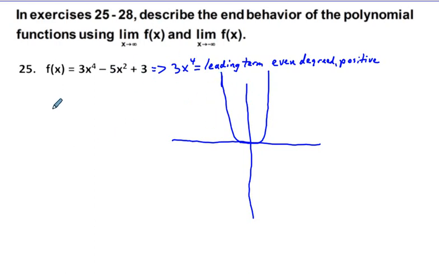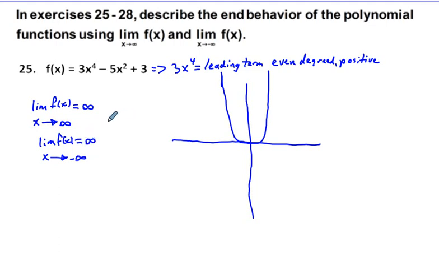So for our end behavior, the limit as x approaches infinity of f of x is going to be infinity. And the limit as x approaches negative infinity of f of x also equals infinity.